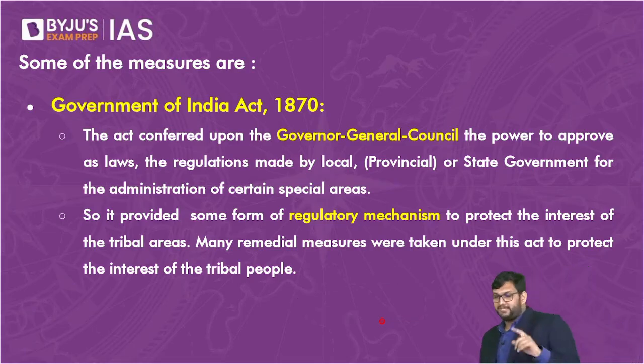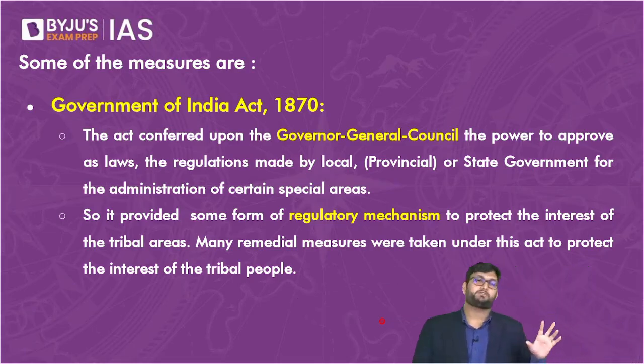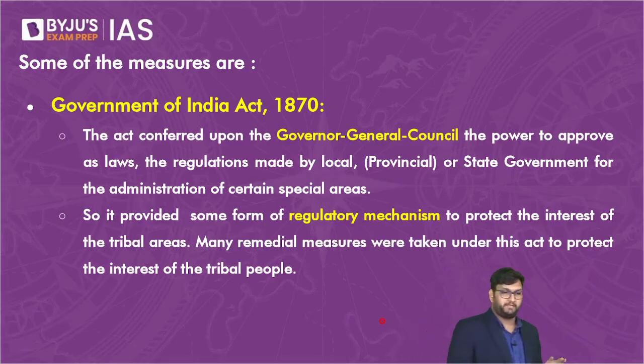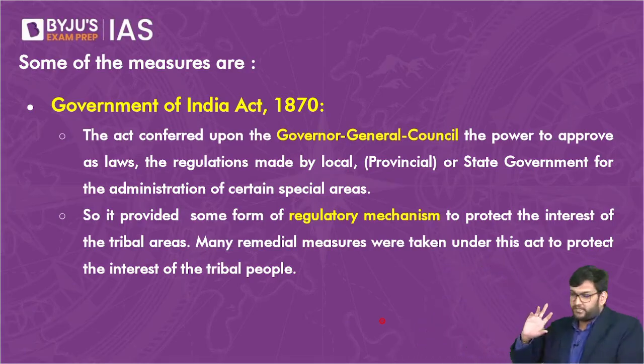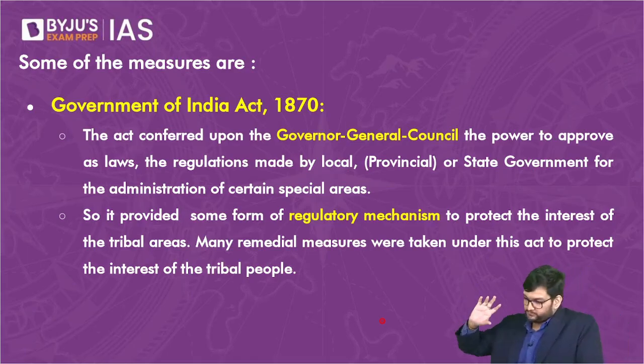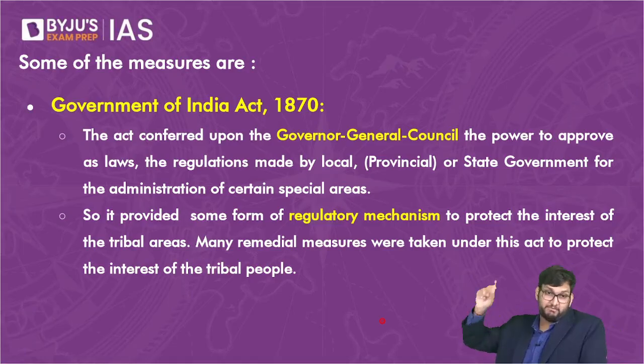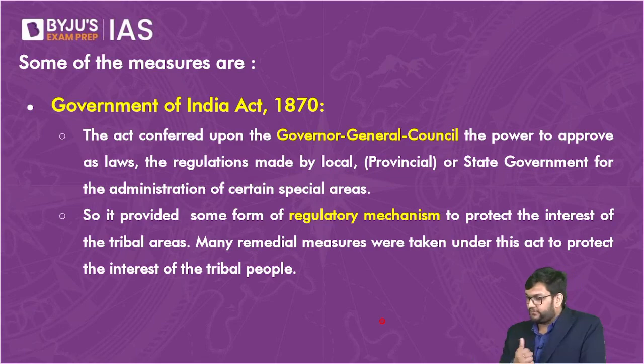In 1870, they started what is called the Government of India Act 1870. And now, if you have done polity, try to look at it and try to create a certain image. If you know the concept of special provisions related to tribals, the 5th and 6th schedule, try to look at it. See, the act conferred, do not learn.